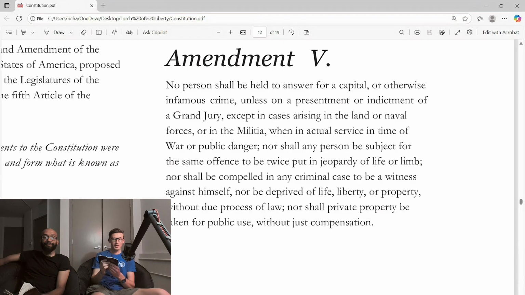Nor shall any person be subject for the same offense to be twice put in jeopardy of life or limb, nor shall be compelled in any criminal case to be witness against himself, nor be deprived of life, liberty, or property without due process of law, nor shall private property be taken for public use without just compensation.